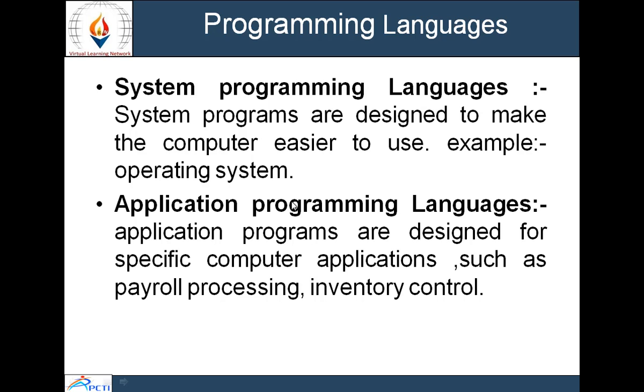These programs are created by computer manufacturers and hardware specialists. Application programs are designed for specific computer applications such as payroll processing and inventory control. This type of programs are created by the user.